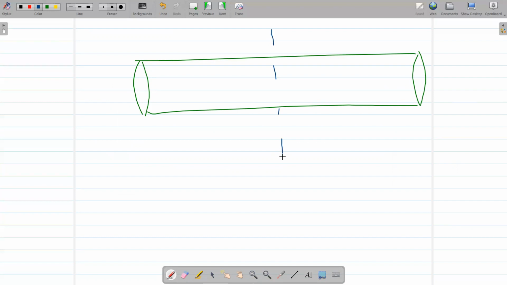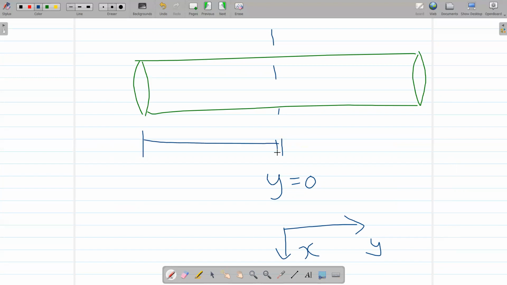So this is y equal to 0, and let's say my coordinate system goes this way. This is the y direction, and this is the x direction. So along the span of the wing is my y direction. And each section is of length, let's say, b by 2, b being the entire span.